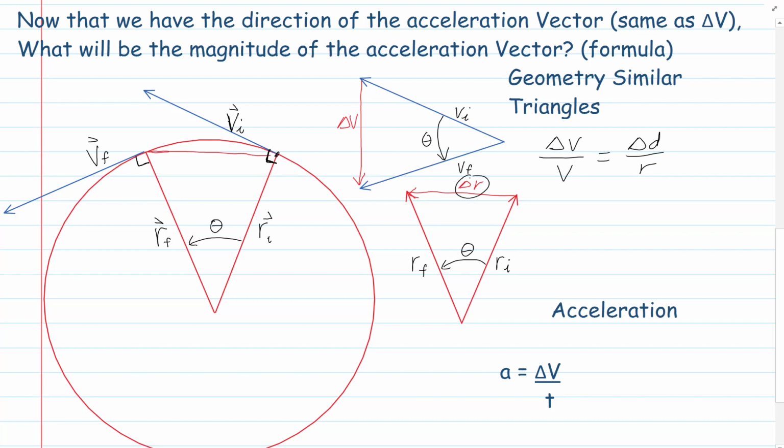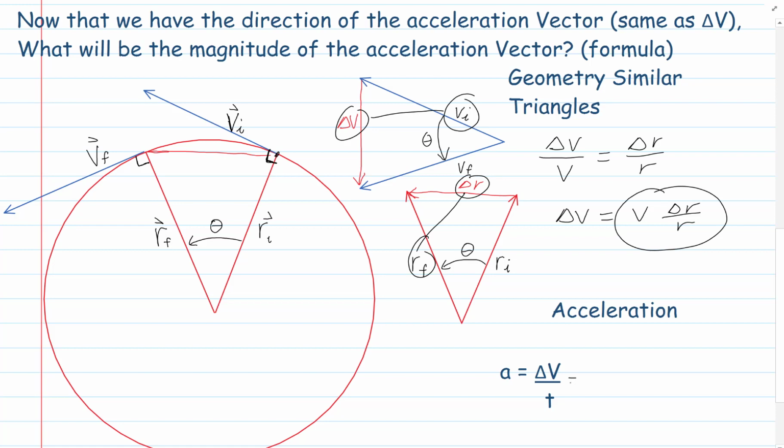The ratios of these will be the same. Let's isolate delta v because that's what we want. Delta v is equal to v, and then we have delta r, the displacement, all over r. So that's our change in velocity.